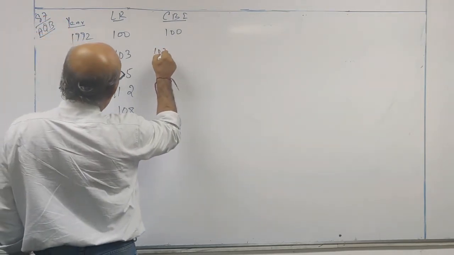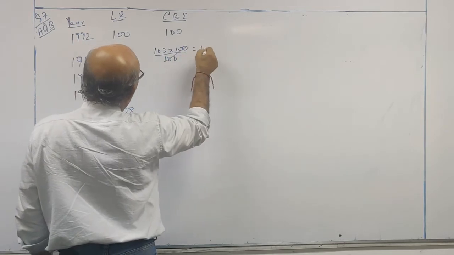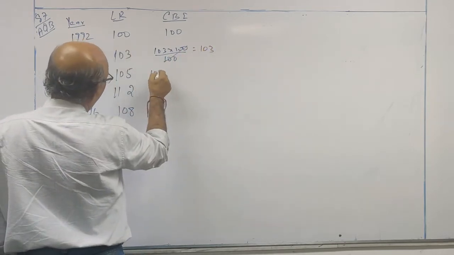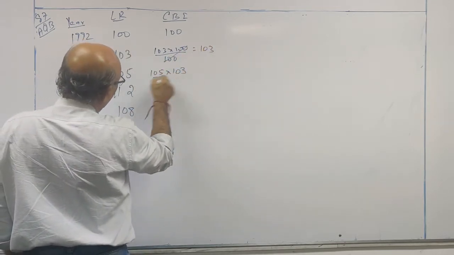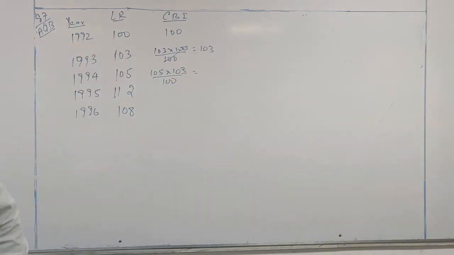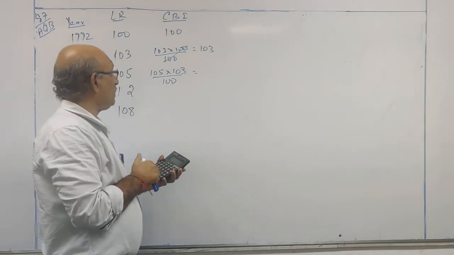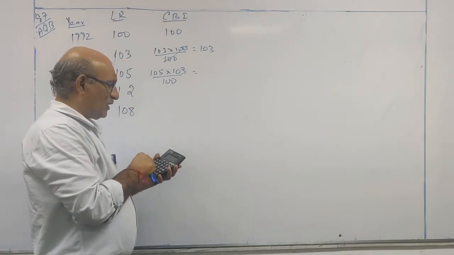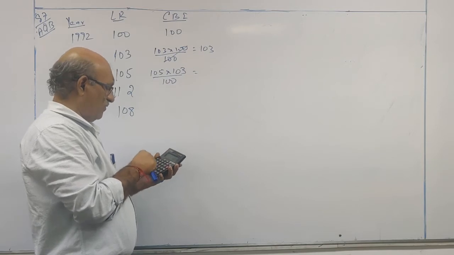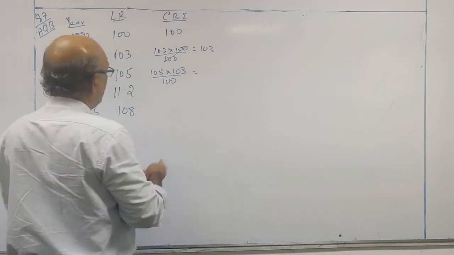Next, 103 into 100 divided by 100 is 103. Then 105 into 103 divided by 100, this is 108.15.